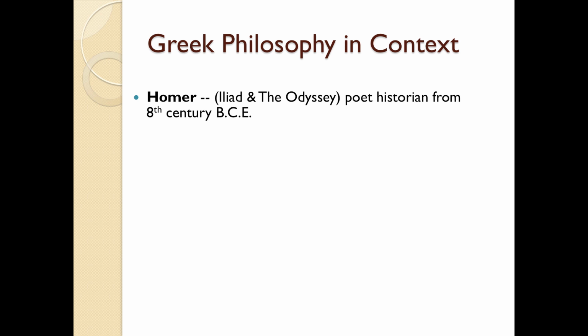So Homer was a poet historian from the 8th century B.C.E. So just remember that Greek philosophy is the origin of the conversation about Western philosophy. So even though we will touch a little bit in this course on Eastern philosophy a little bit later in the course, what we're primarily doing here is tracing the ideas of Western philosophy historically.